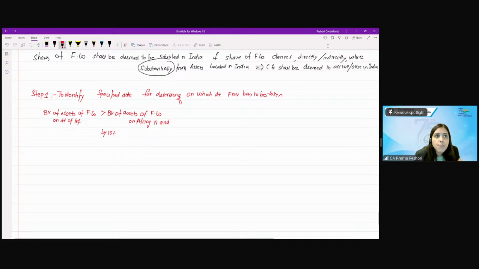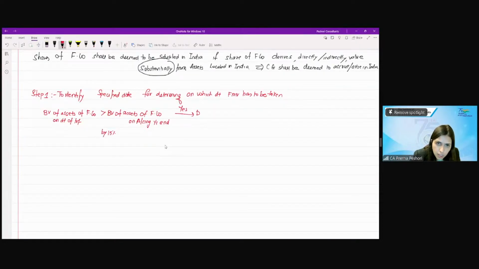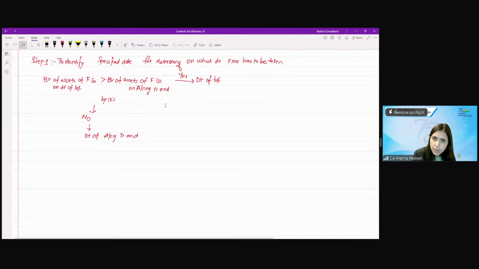So 115% of the accounting year end book value, that you will take. If the answer is yes, then you will take the date of transfer. If the answer is no, you will take the date of accounting year end. So now you have identified the specified date, right?